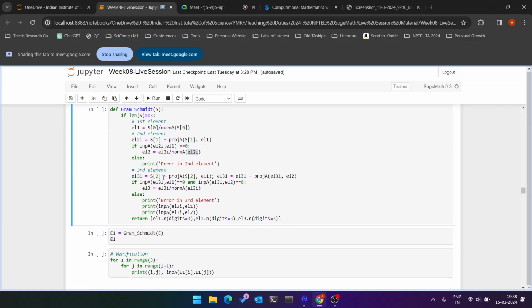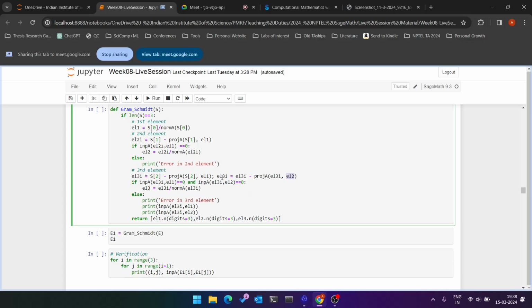Third element, same thing. Take the third element from set S, calculate its projection with respect to L1, and remove that part to get the residue L3I. Similarly, from L3I, we calculate the residue by removing the orthogonal projection along the second element, which was L2.